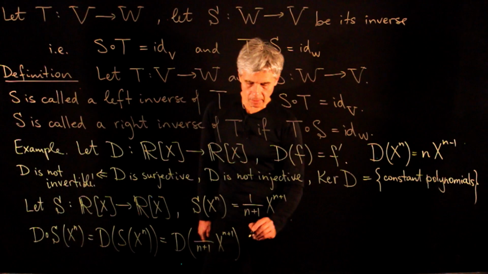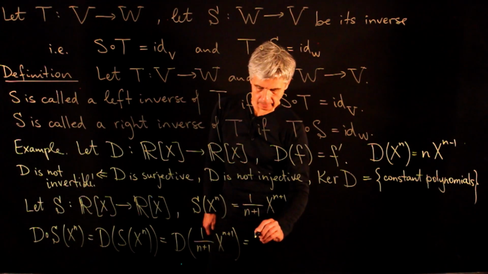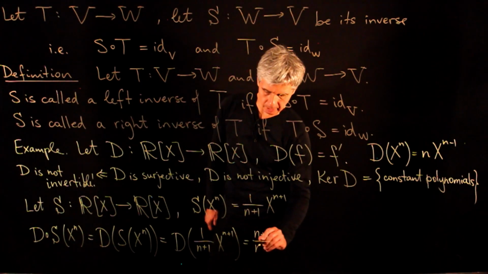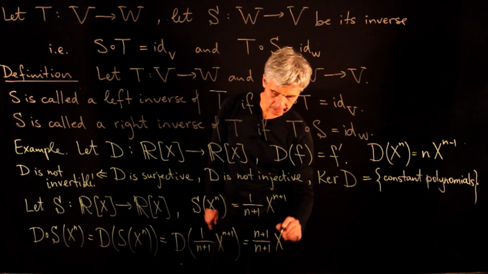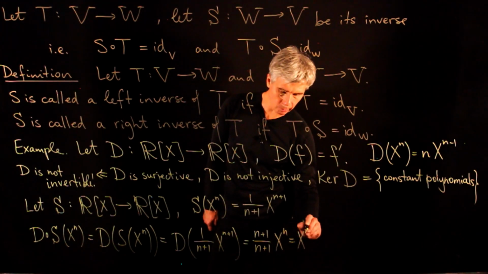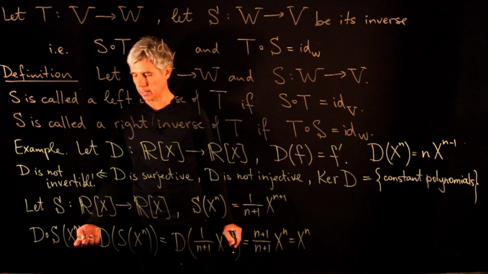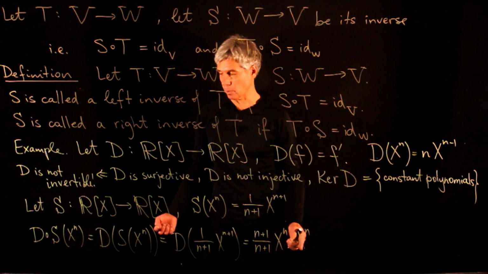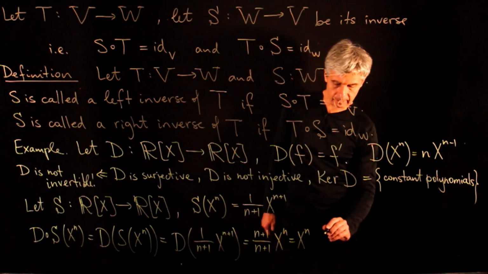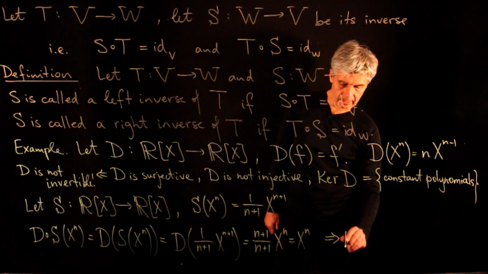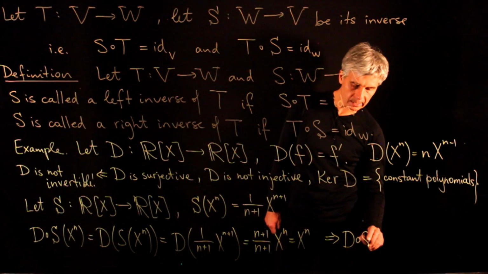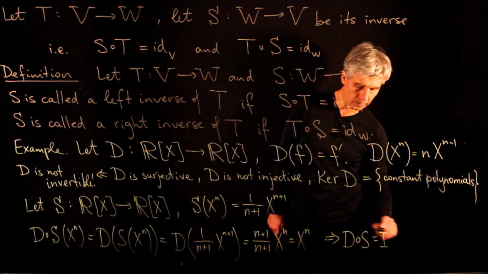And when we take the derivative of this, we get n plus 1 over n plus 1 times x to the power n. So we get x to the power n. We start with x to the power n, and we recover x to the power n. So this tells us that D composed with S is the identity transformation.